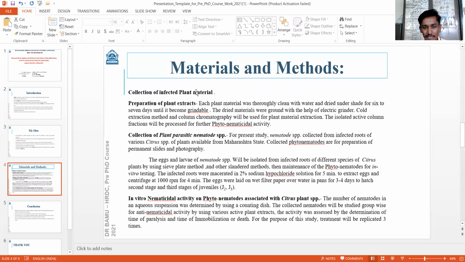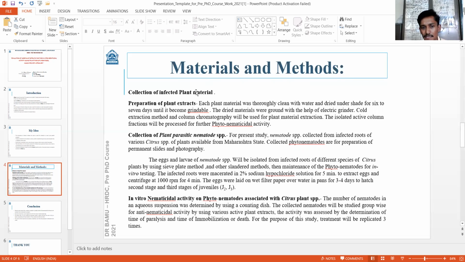For the preparation of plant extracts, each plant material was thoroughly cleaned with water after collection and dried under shade for 6 to 7 days until it became grindable. Then you grind it using an electric grinder, and a cold extraction method is used, and also column chromatography for plant material extraction. The isolated active column fractions will be processed for further phytonematicidal activity.